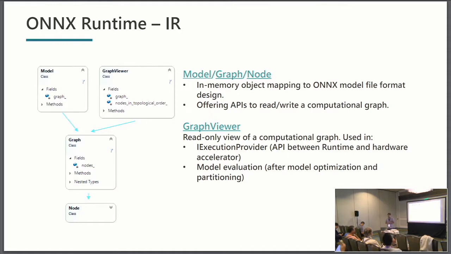It is a read-only view of the computation graph. It is used in two parts. One is in the execution provider API. This API is between the runtime and the hardware accelerator. The second part is in model evaluation. It is applied after model optimization and partitioning.